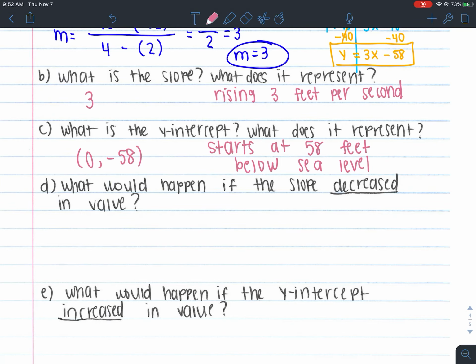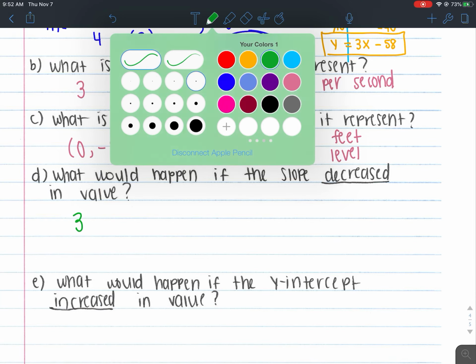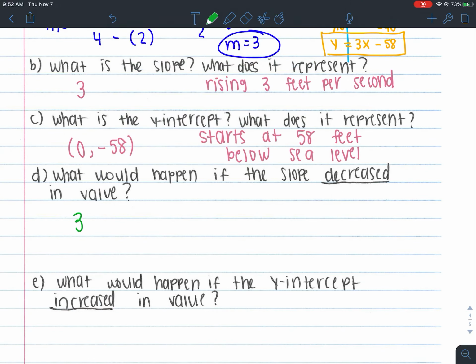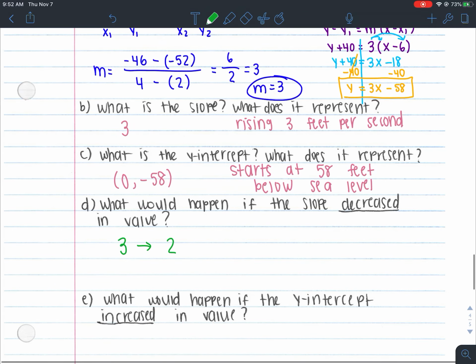What would happen if the slope decreased in value? Right now our slope is positive 3. It says what if it decreases, so let's think of a number smaller than 3, like 2. If it was 2, he would be rising 2 feet per second.